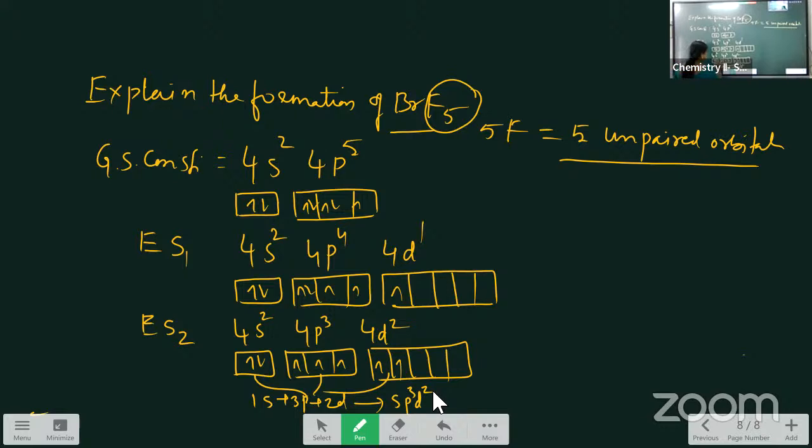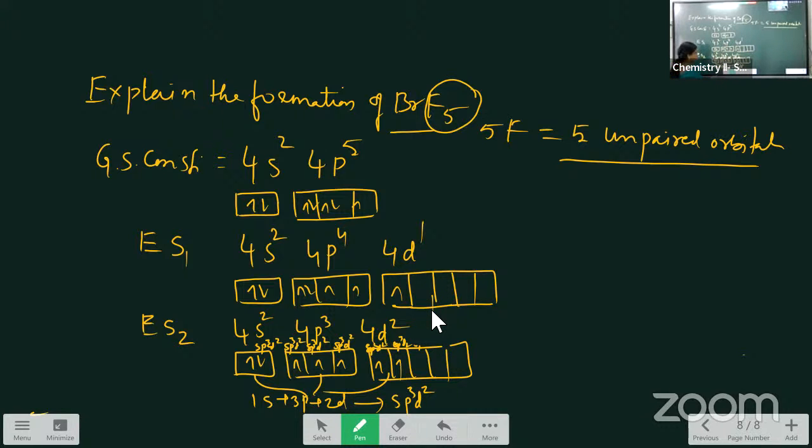Now each orbital is called as sp3d2, क्योंकि अभी ऑर्बिटल्स का एनर्जी सेम हो गया, हम लोग हाइब्रिडाइजेशन में इसको पार्टिसिपेट करें. So this is sp3d2. Each orbital is called as sp3d2. Okay. So these are the hybridized orbitals.